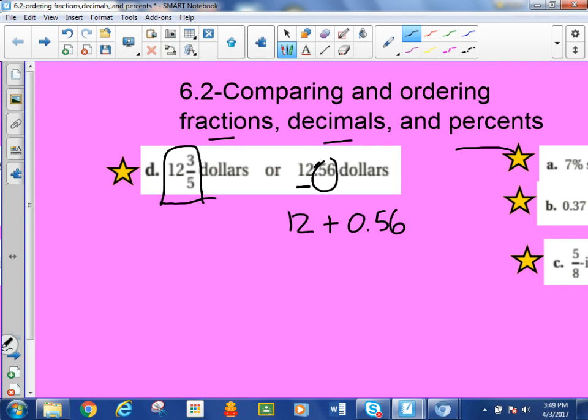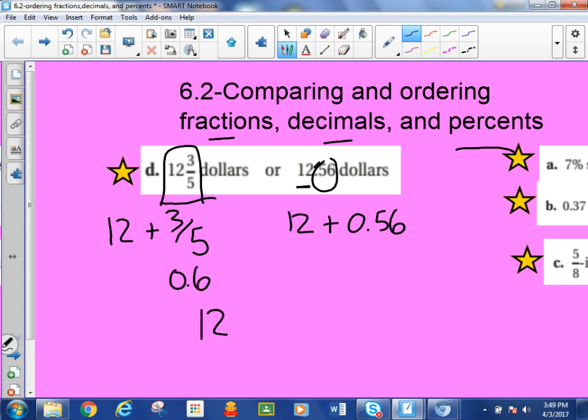So what I could do also is I could have 12 plus 3/5, right? Because that's exactly what 12 3/5 is. So if I figure out what 3/5 is, 3 divided by 5, that gives me 0.6.